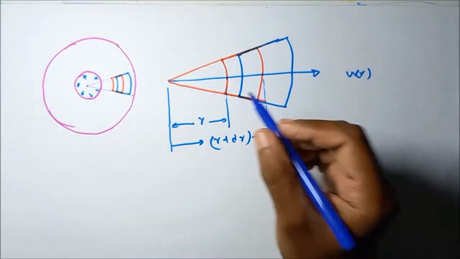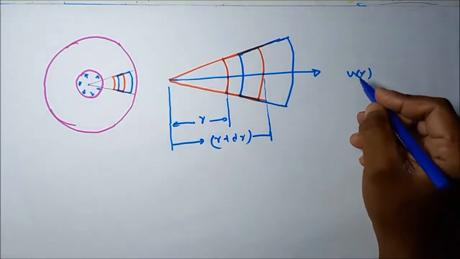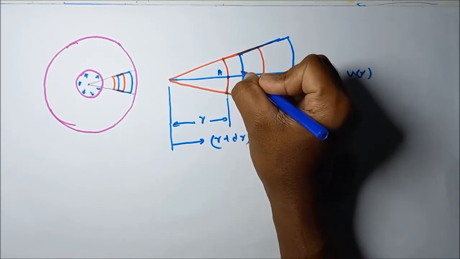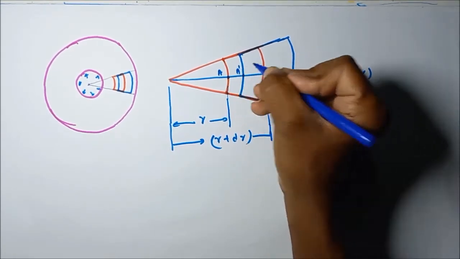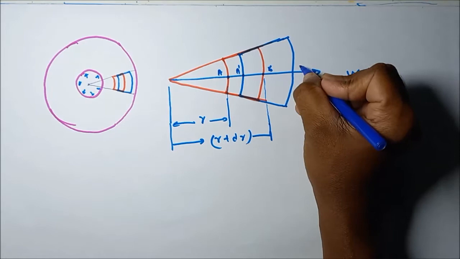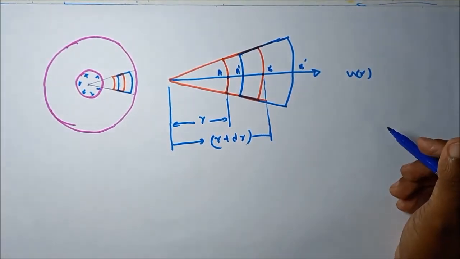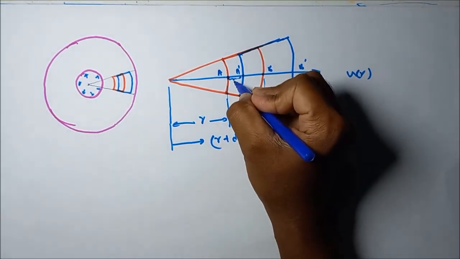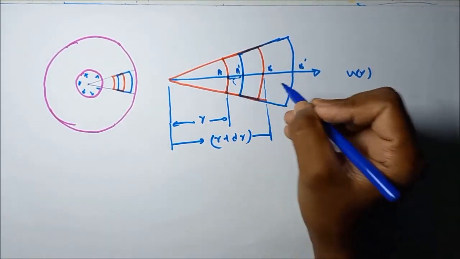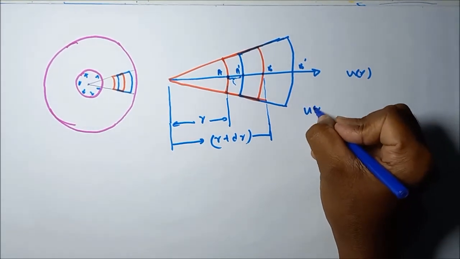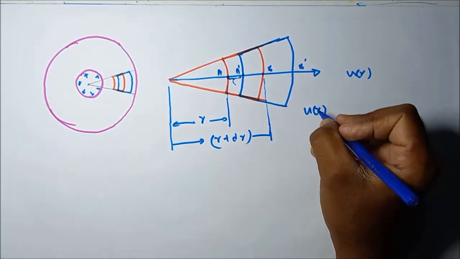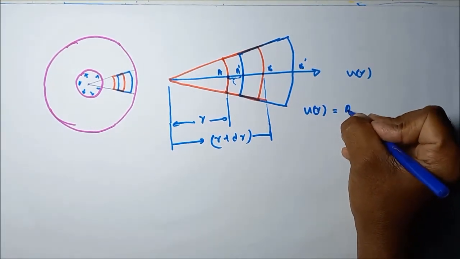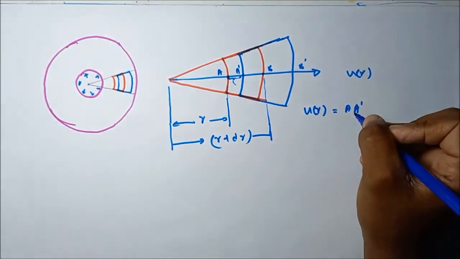Let's take this as the displacement function. What is the displacement of this point? Let's take this point A has displaced to A dash, and this point B has displaced to B dash. The displacement of A dash is equal to u(r), so A dash length is equal to u(r).